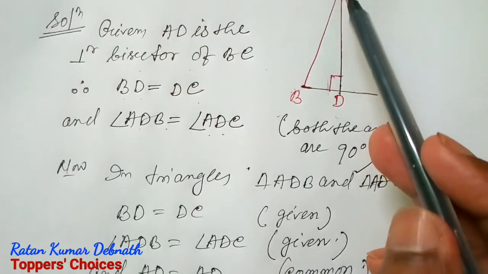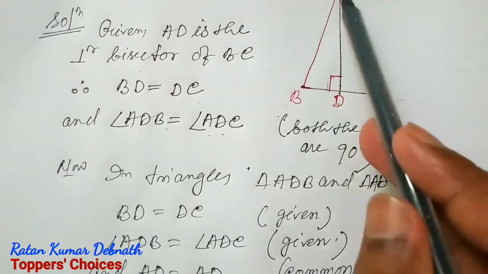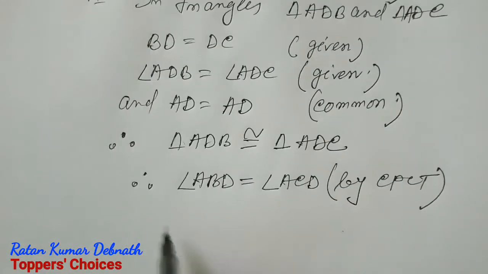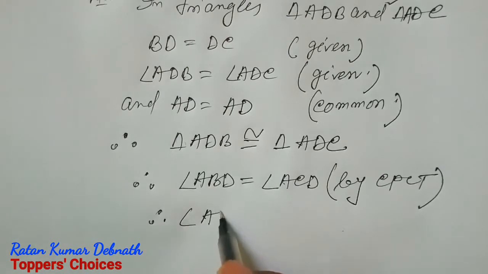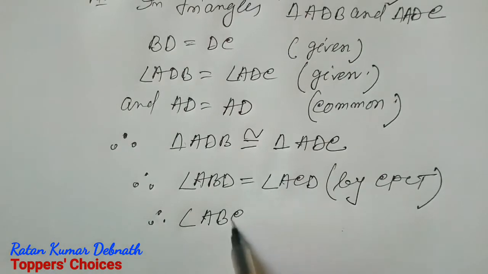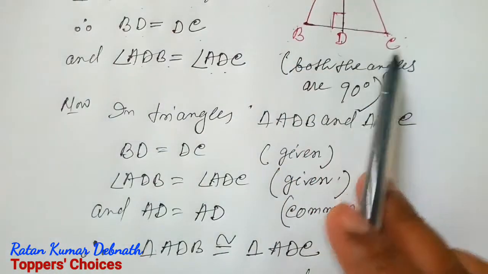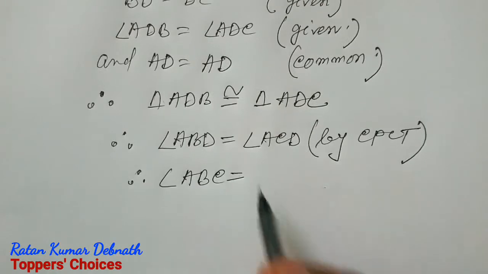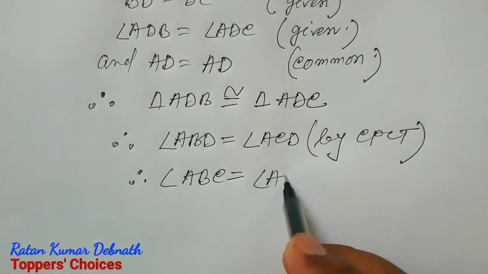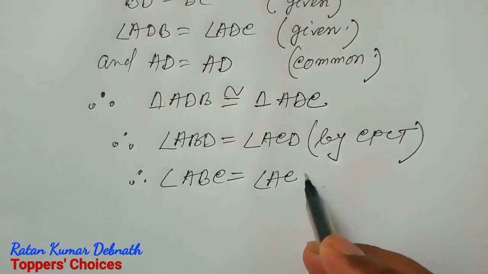Actually, angle ABD means angle ABC, and angle ACD means angle ACB.